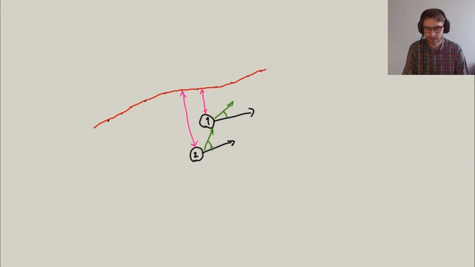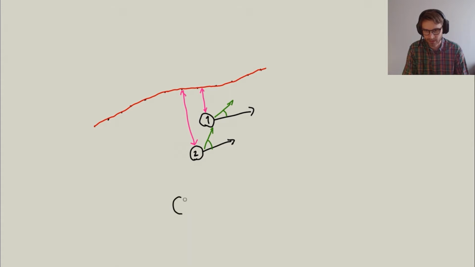Then if the turtlebot is really far away, let's put the next one over here, number 3, and the cross-track error is this big, then we end up in a situation that the steering command is very steep.